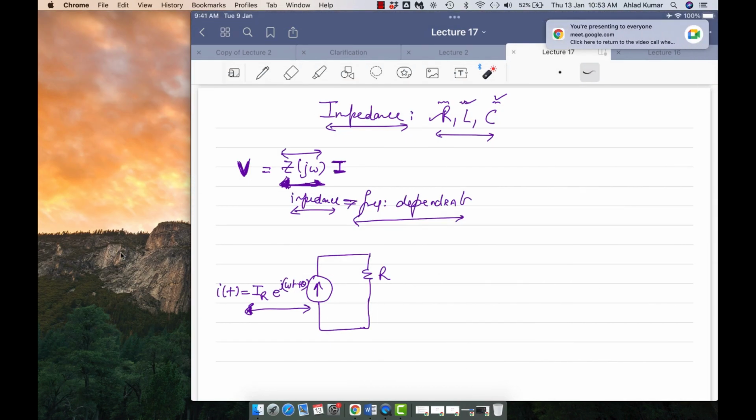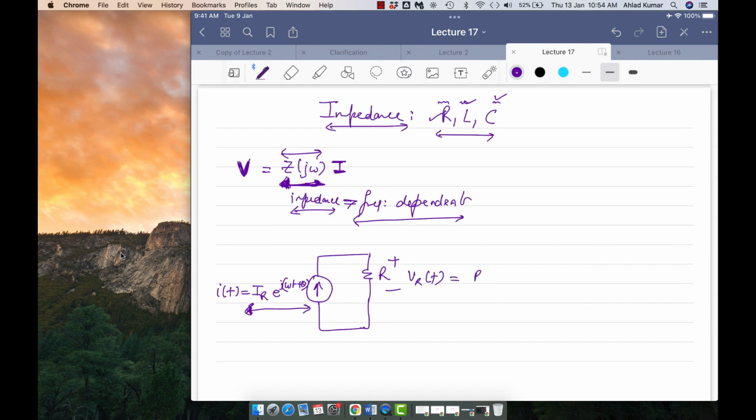Okay, so here we have I_R e^{j(ωt+φ)} as the current that we are assuming in this particular circuit. Then the voltage which is generated here, V_R(t), is again R I_R e^{j(ωt+θ)}. Any questions here related to this?